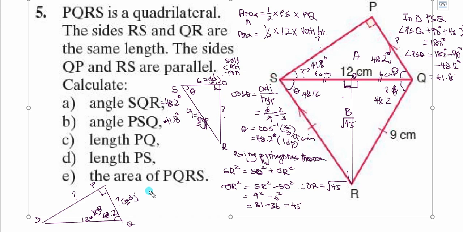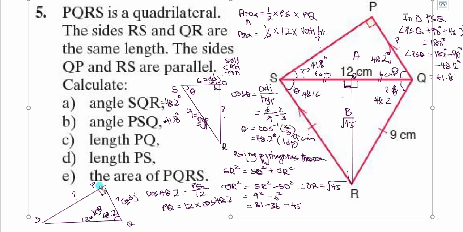CAH means cosine of the angle 48.2 is equal to adjacent, which is PQ, over the hypotenuse, which is SQ, which is equal to 12. Therefore, PQ is equal to 12 times cosine 48.2.